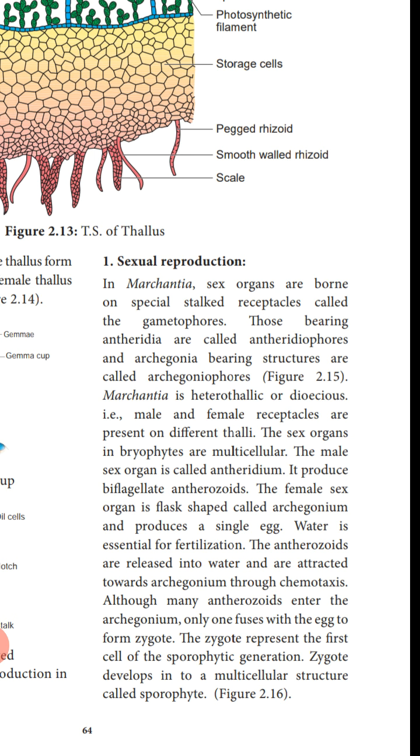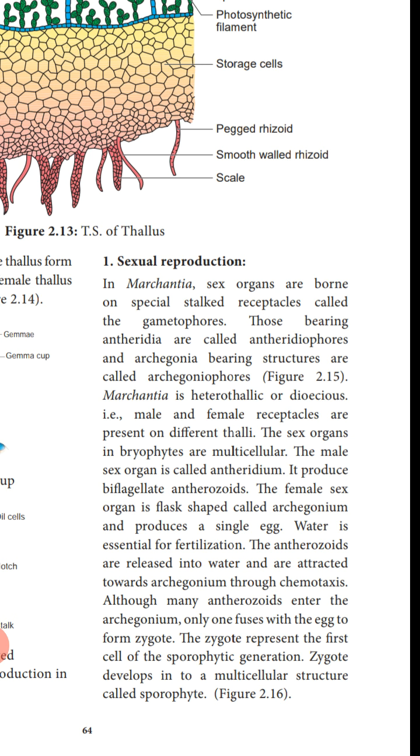The thallus having the antheridia is called the male thallus, and the one having the archegonia is called the female thallus. Since the male and female reproductive organs are present separately, this is called dioecious. So Marchantia is heterothallic or dioecious, that is, male and female receptacles are present on different thalli.